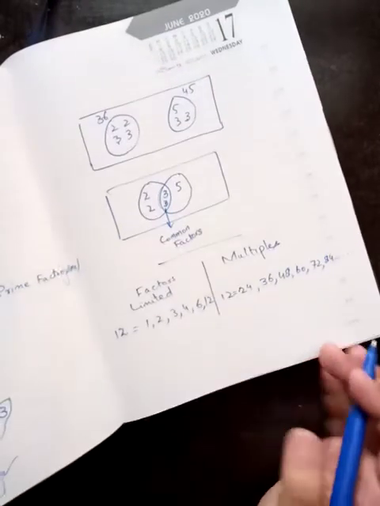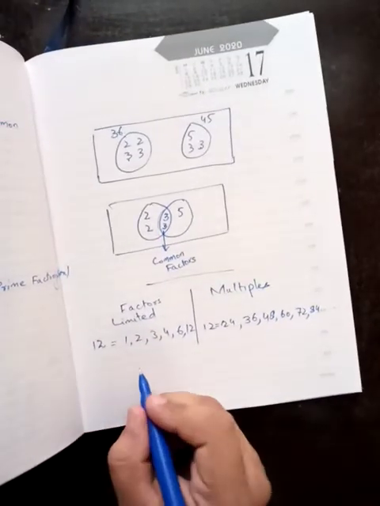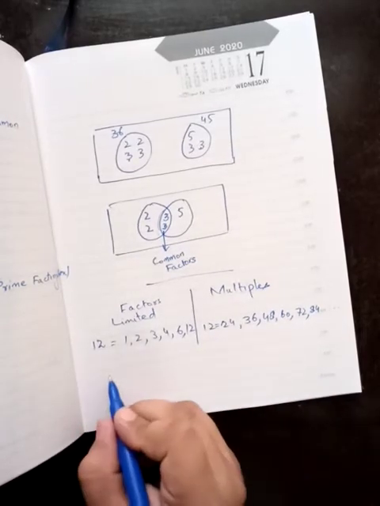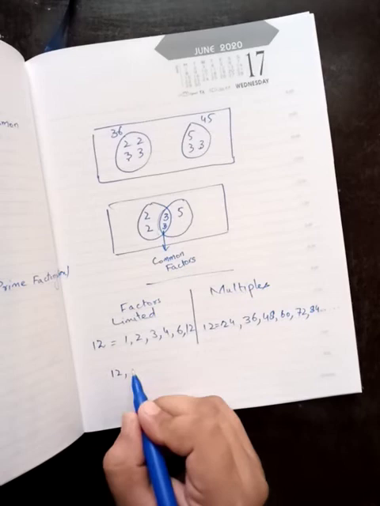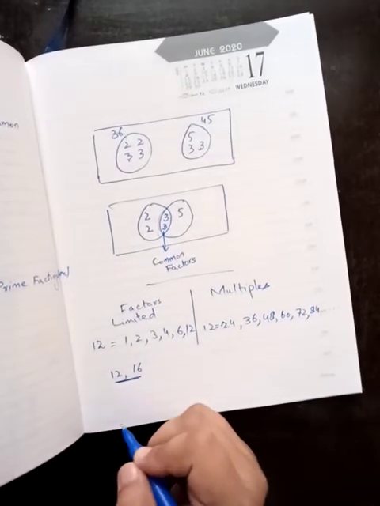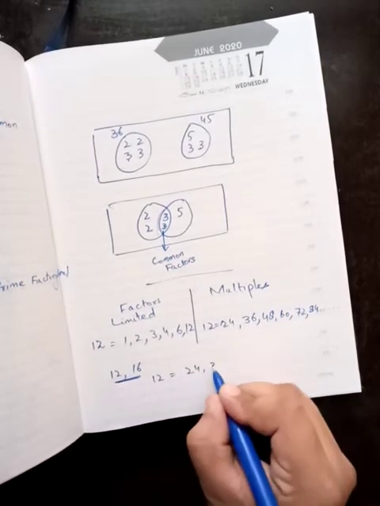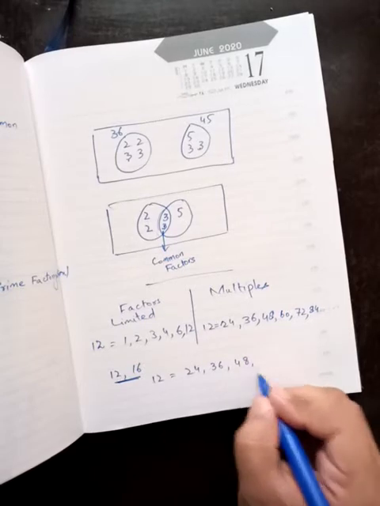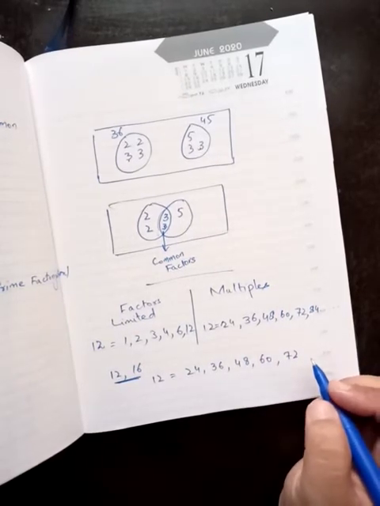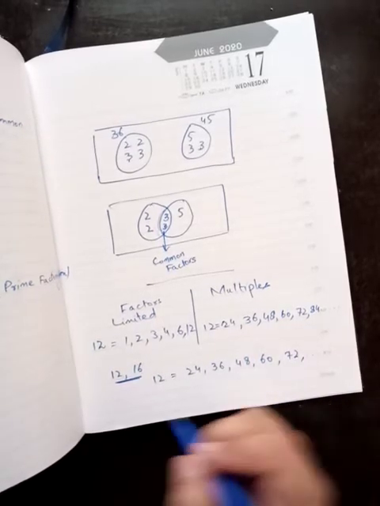Now we have to check the multiples and then common multiples. Have a look at this question, 12 and 16. I have to write the multiples of these two numbers. Multiples of 12: 24, 36, 48, 60, 72, and so on.